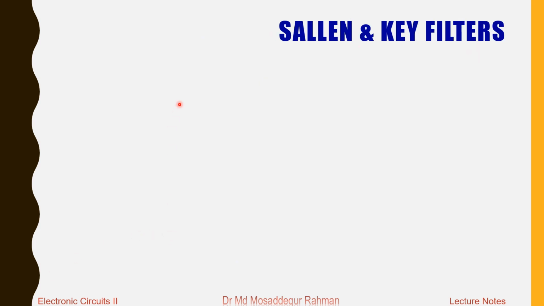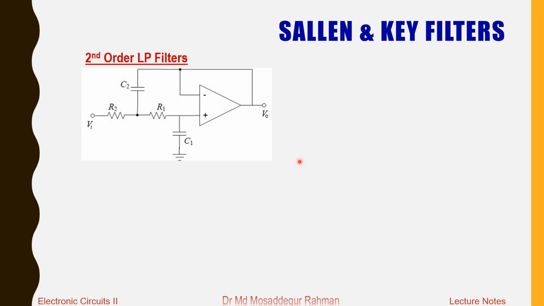Now there were two scientists, Sallen and Key. They developed a second order filter circuit using just a single op amp. So this is a second order filter circuit that uses only one op amp.